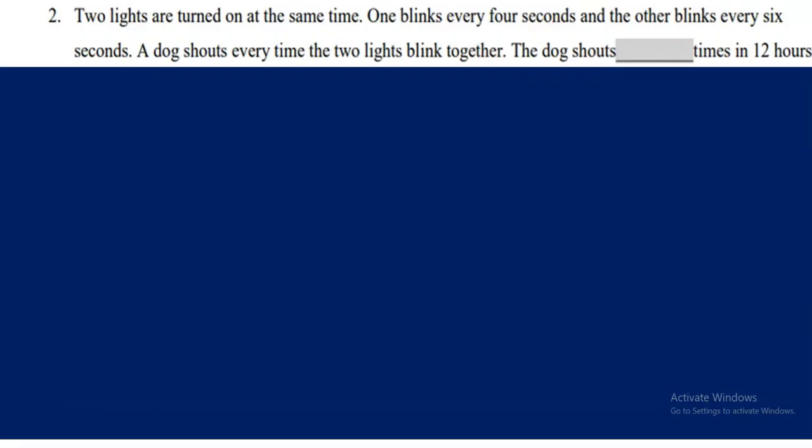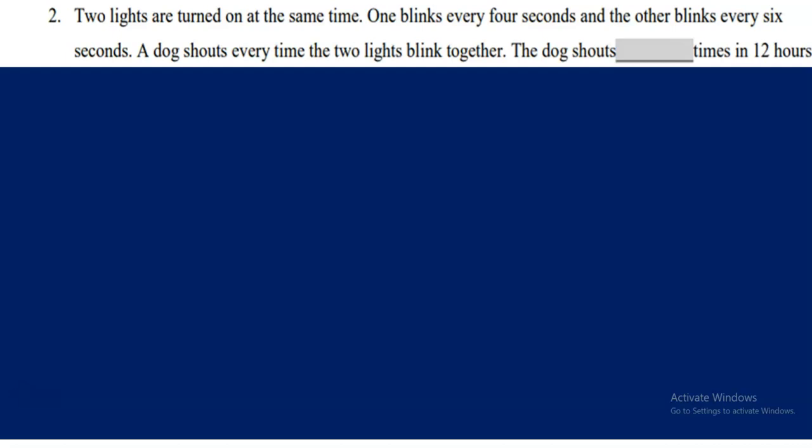What comes next is the second question under the fill in the blank item. Here it has been said that 2 lights are turned on at the same time. One of these 2 blinks every 4 seconds and the other blinks every 6 seconds. Now there is a dog shouting every time the 2 lights blink together.